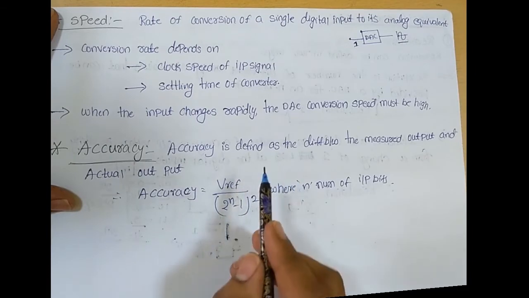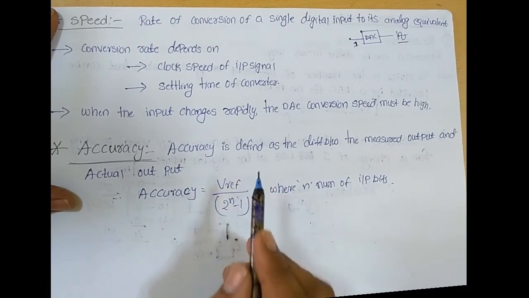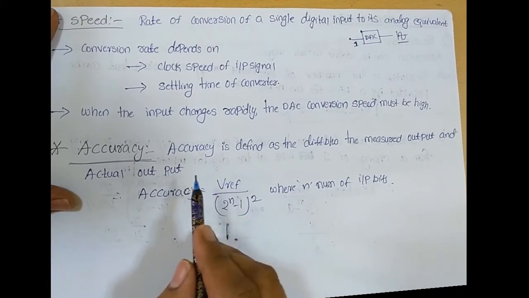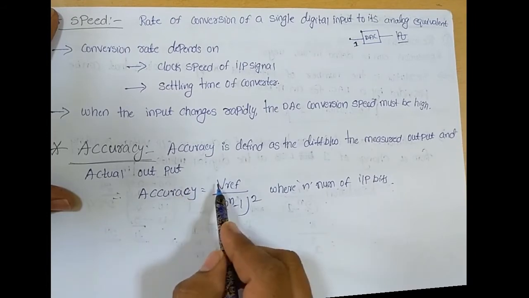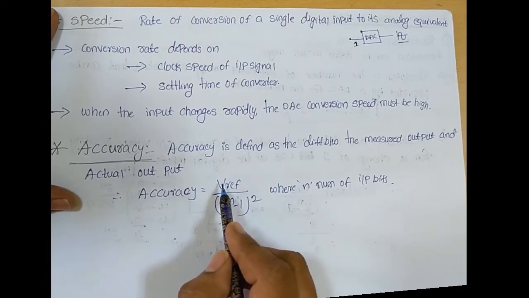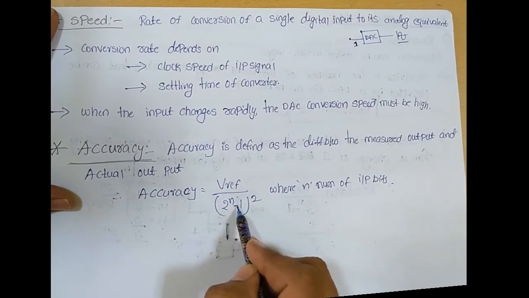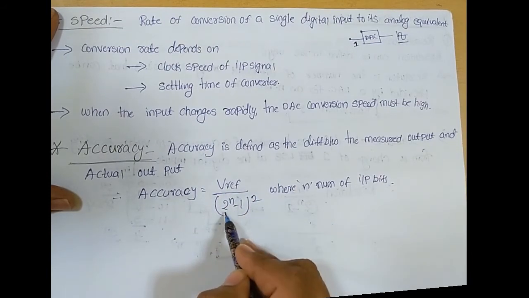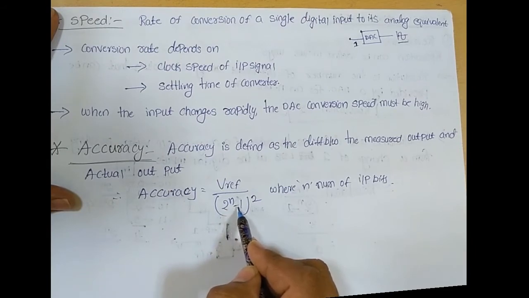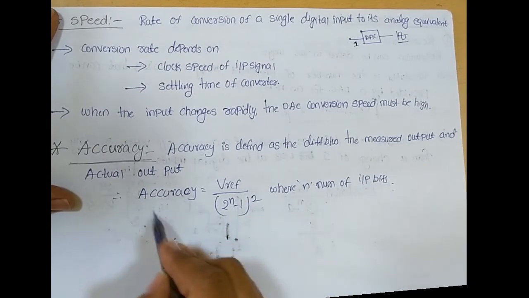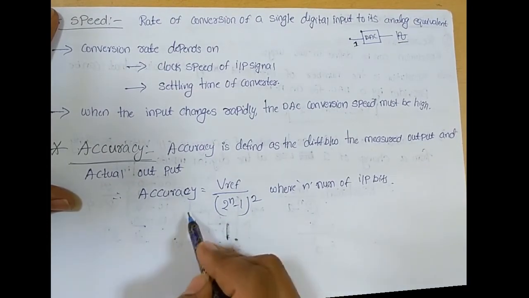The difference between the expected value and the measured value is what we consider as accuracy. Therefore the accuracy of this digital to analog converter is the reference voltage divided by (2^n minus 1) whole squared, and we know that 2^n minus 1 indicates the total number of step levels in the digital to analog converter response. In this way we determine the accuracy.